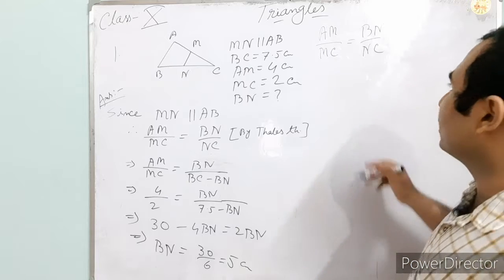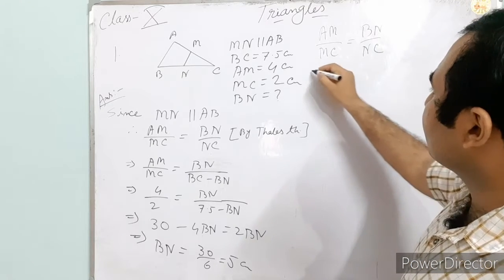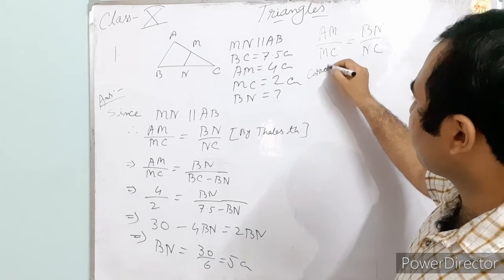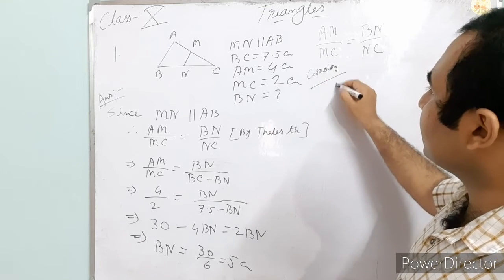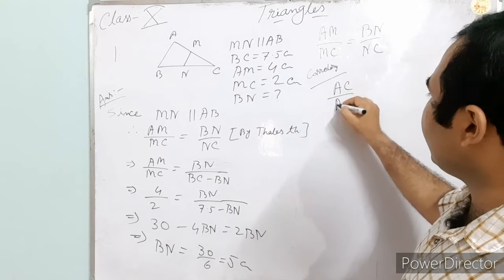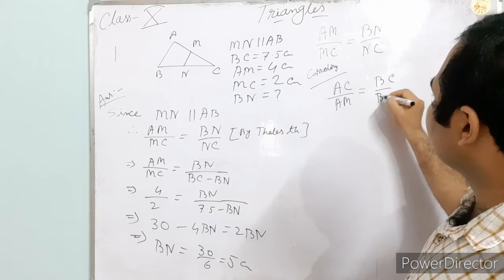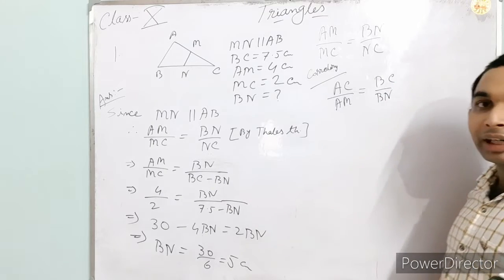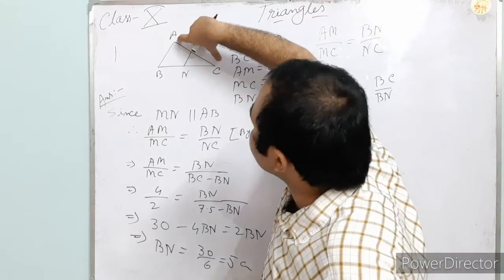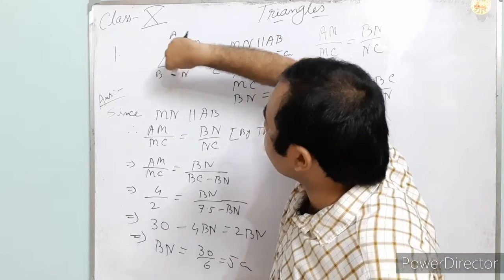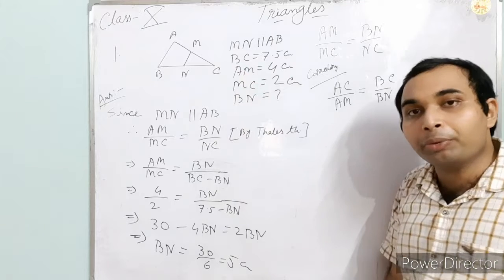Triangle, actually this triangle. From here, as a corollary we can say that AC by AM is equal to BC by BN. Actually, we can take the total one, AC by AM equals BC by BN, because this is in proportion.